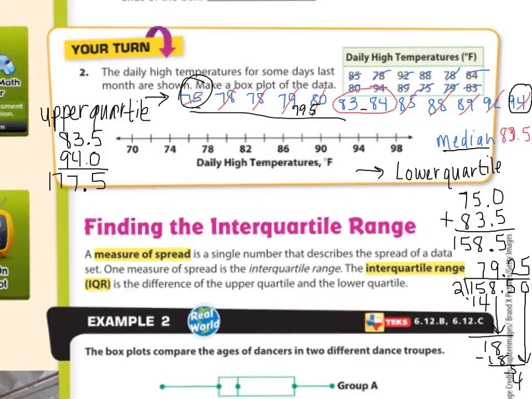Okay, obviously 177 1/2 is not in between 79 1/2 and 94. You still have to divide by 2. We're finding out what's halfway between the median and the biggest number. I'm just doing all this work right on top of it. I'm just going to have to erase it in a little bit.